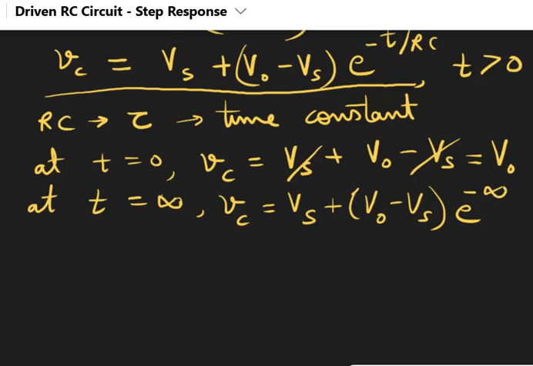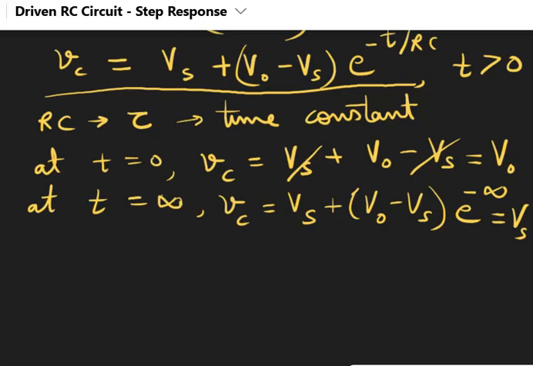The value of this becomes 0, so it will become Vs. So at t equals 0 the value across the capacitor is V0 and at t equals infinity the value across the capacitor is Vs, right? It means from t equals 0 it is exponentially changing and reaching up to Vs.